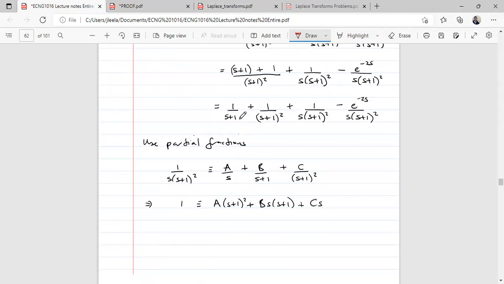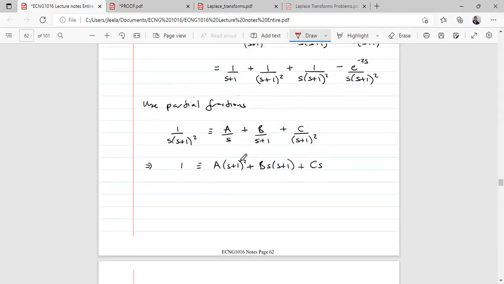So we could evaluate this part here. But the third part, which is similar to the fourth part, they have the same denominator. These are two simple factors here, but this is a repeated simple factor. So it will be A over s, B over the other simple factor s plus 1, plus C over s plus 1 squared.